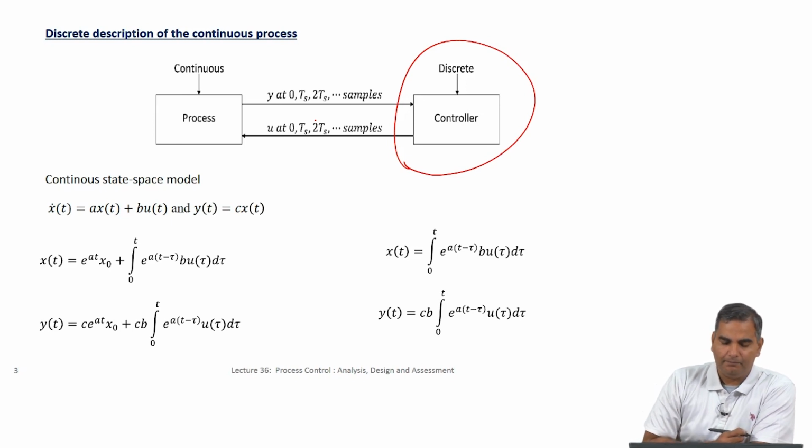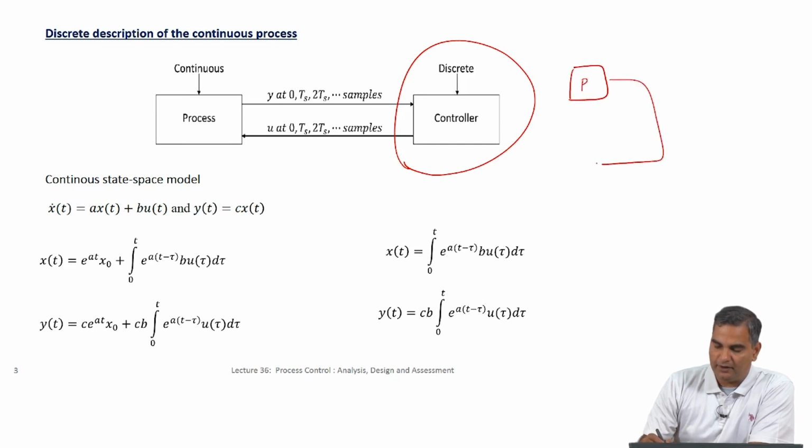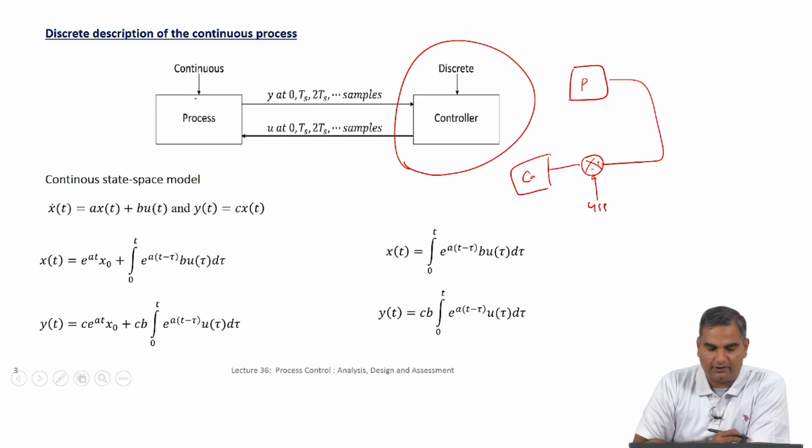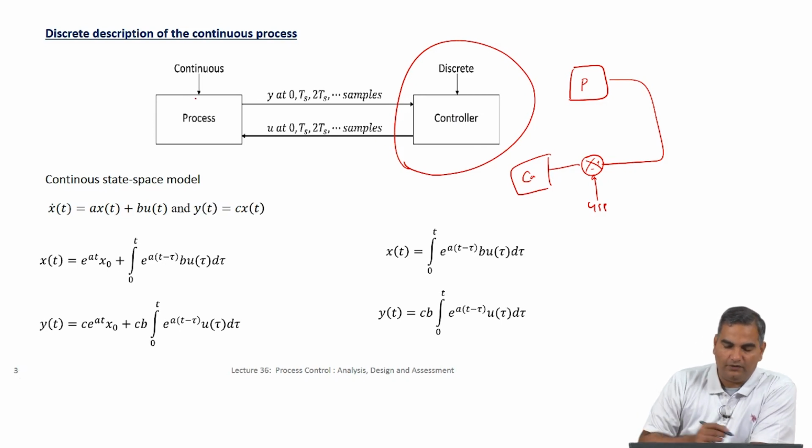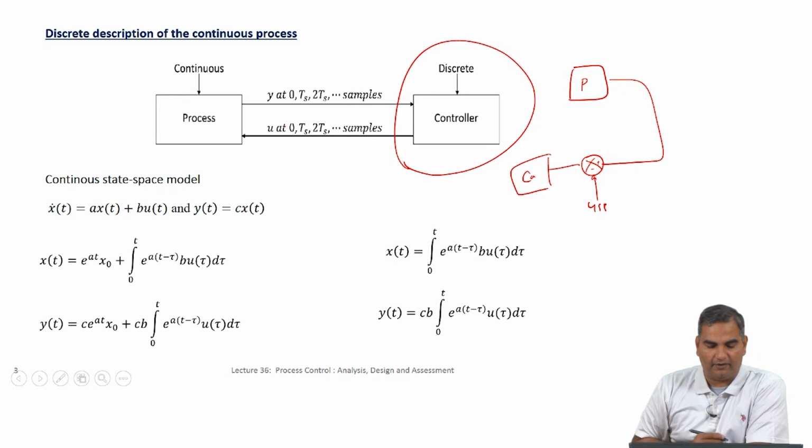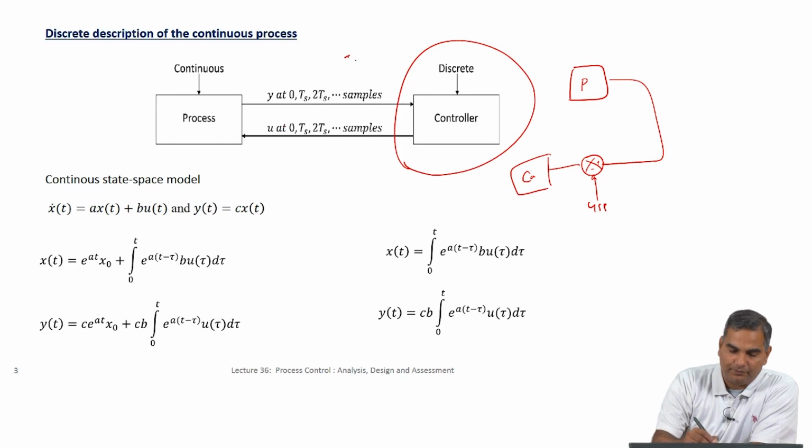In a continuous controller, I have this process which gave me y values, which I compared with a set point and sent to a controller. So, this continuous variable value is going into a controller, whereas here the process is still continuous, and we are only looking at the values at discrete time intervals: 0, Ts, 2 Ts, 3 Ts, where the sampling time is Ts.